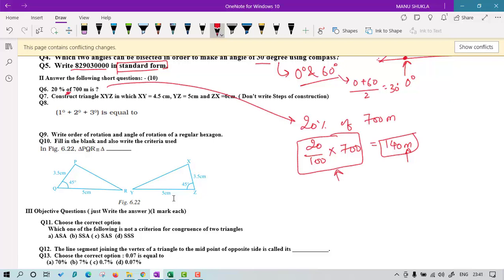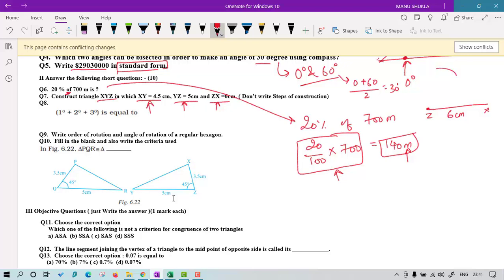Question number 7. Construct triangle XYZ in which XY is 4.5, YZ is 5 and ZX is 6. So normally we take the longest side as the base. So you will just draw ZX, write the measurement 6 centimeter. Then ZY is 5 centimeter. We will keep the compass on Z, take an arc of 5 centimeter.